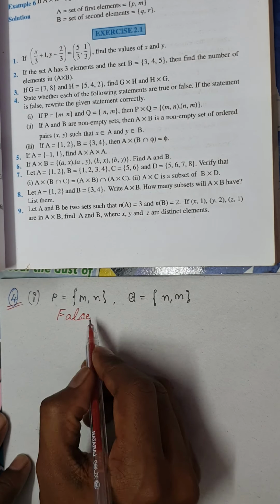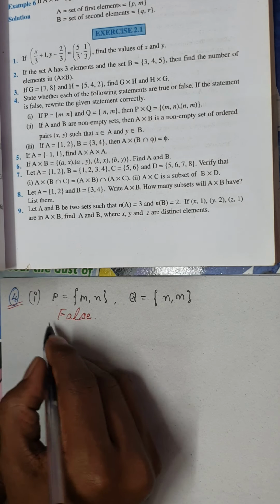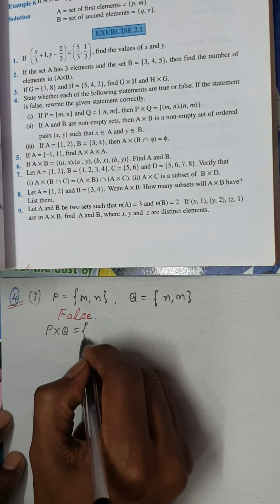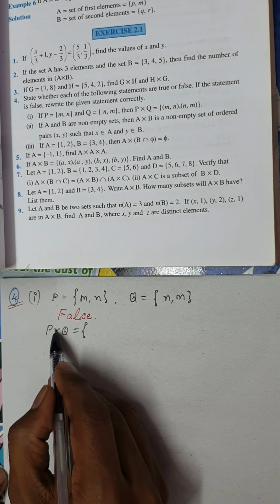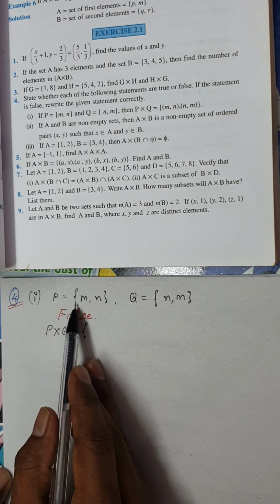Because it is false, I have to rewrite it correctly. Let me rewrite this correctly. I want P cross Q. Remember, when you are taking ordered pairs or a Cartesian product of sets, this is called the Cartesian product of sets. Order is very important. If I say P cross Q, P should be the first set.